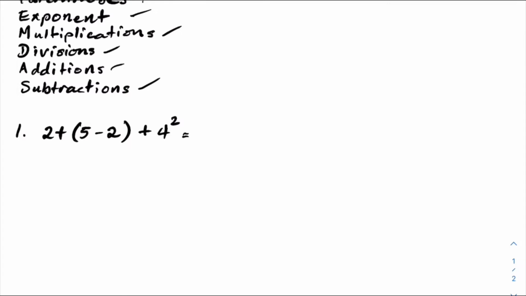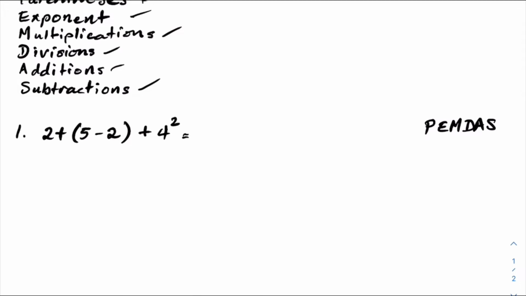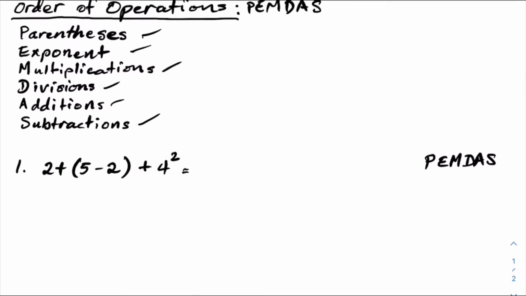So again, we go by this order: P, E, M, D, A, S. So first we look for the P, which is the parentheses, and we see a parentheses here. We're going to work on that first, and the rest will stay the same.